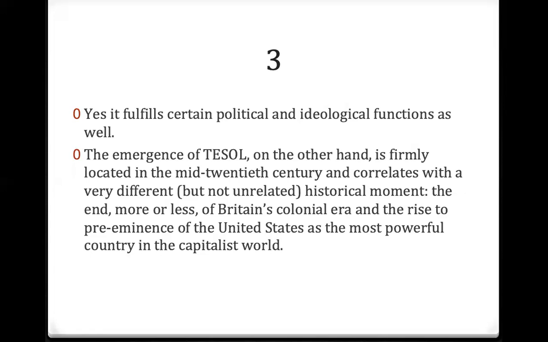But TESOL is something different. It has different purposes. You may look at its development in the mid 20th century: Britain's fall and the rise of the USA as a superpower. Though this is not directly related to that, this particular fact has some bearing on the rise of TESOL.